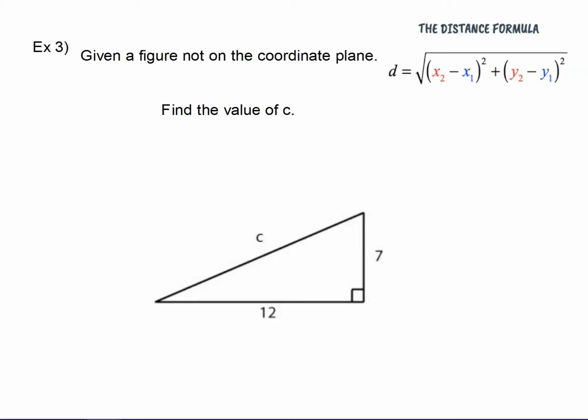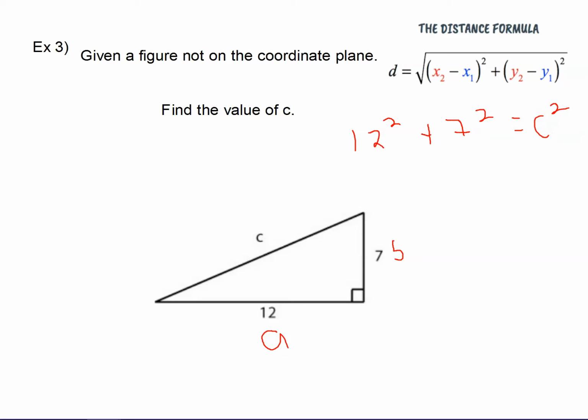In this case, your horizontal distance here is 12, so I'm just going to label that a. And your vertical distance is 7, so I'm going to label that b. If you use the Pythagorean theorem, it would say that 12 squared plus 7 squared equals c squared.